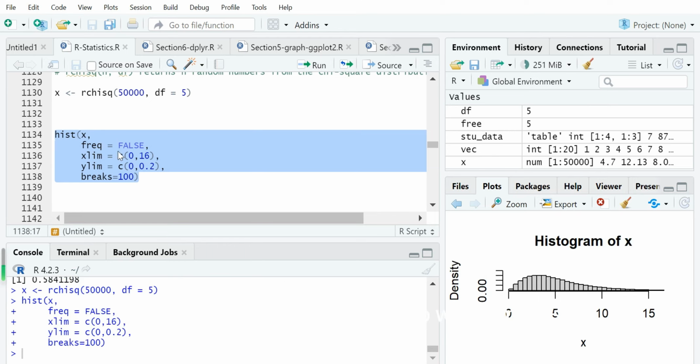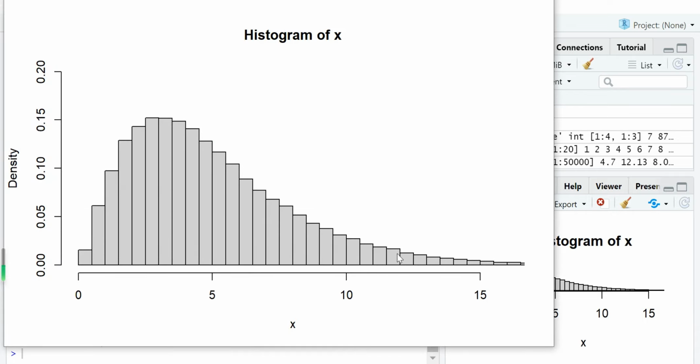Here we set freq to false, which means to show the density, not the frequency. The shape is the same no matter whether you set counts or density. Because it's a very large number, 50,000, it is very close to the exact chi-square distribution with degrees of freedom 5.